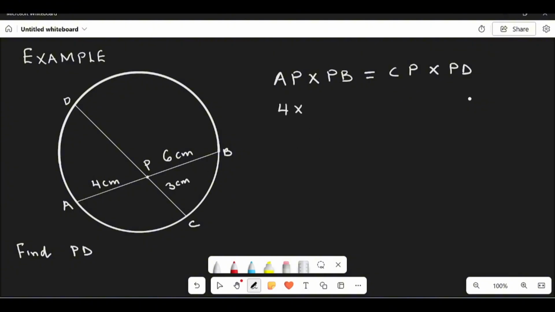4 multiplied by 6 equals 3 multiplied by PD. 4 multiplied by 6, 24 equals 3PD.